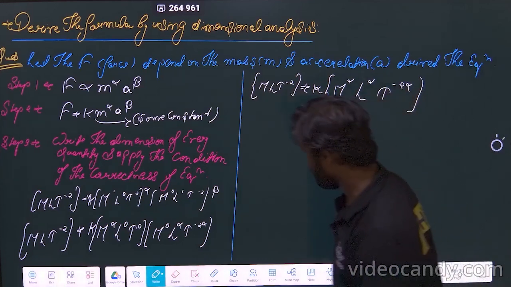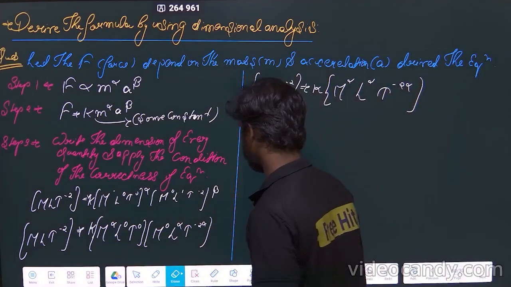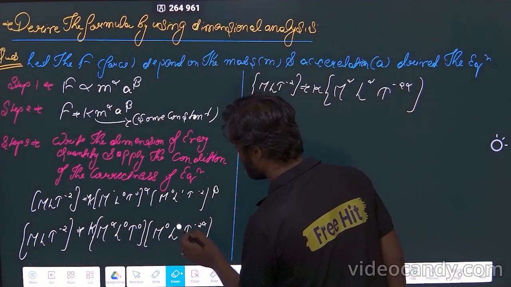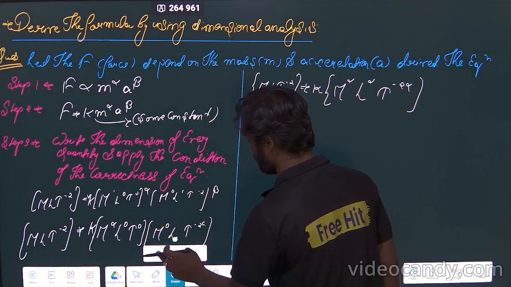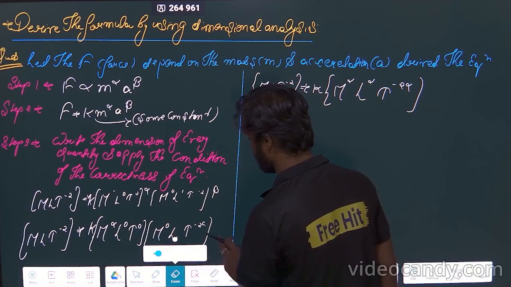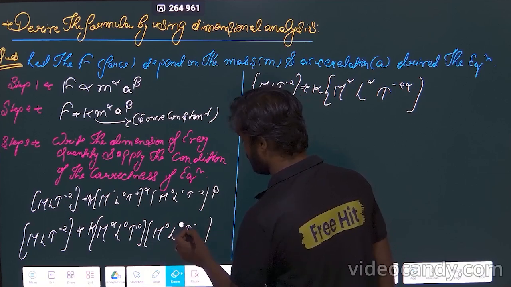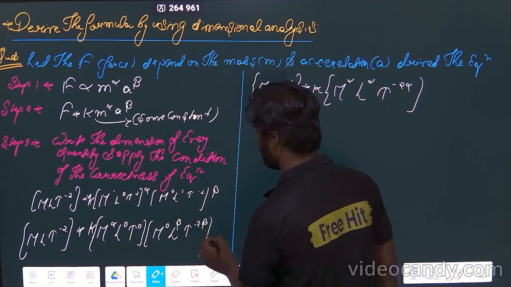All powers are alpha only. Oh, sorry, it is beta. This is beta, and this is 2 beta. Clear?